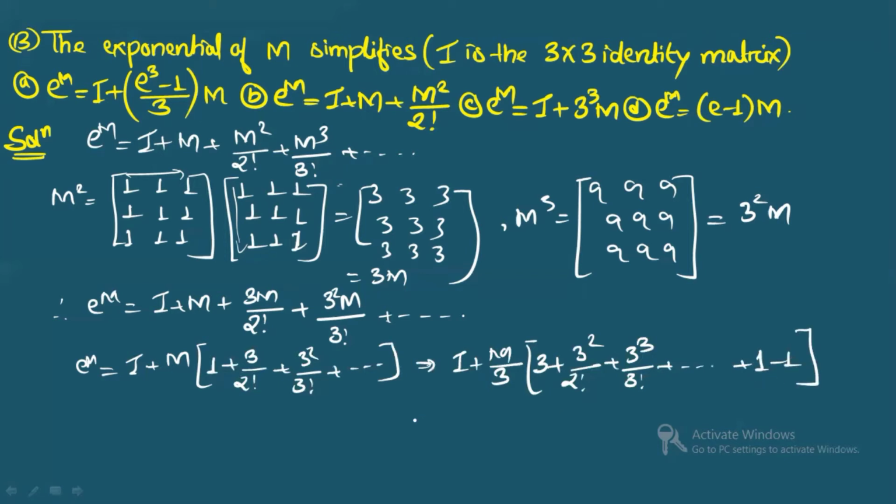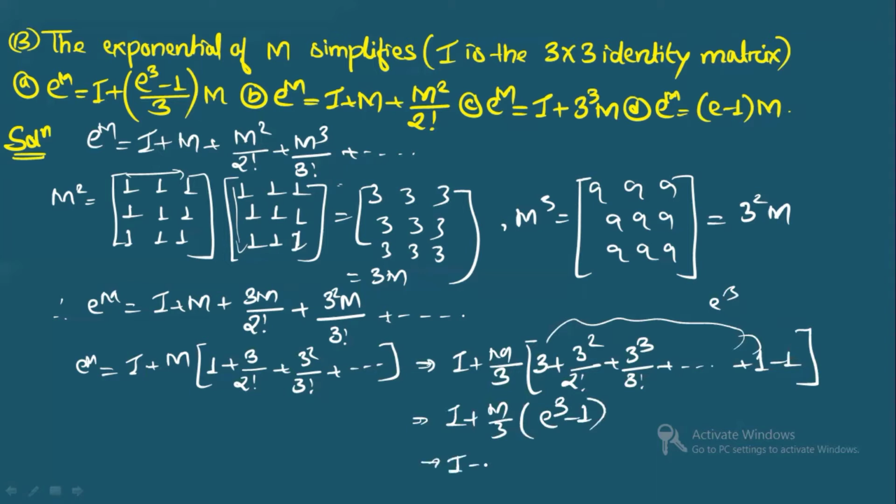Clear? Now you see this particular part, it is representing e to the power 3. It is the expansion of e to the power 3: 1 plus 3 plus 3 square by factorial 2 and so on. So I can write I plus M by 3, and within the bracket, it's e to the power 3 minus 1.